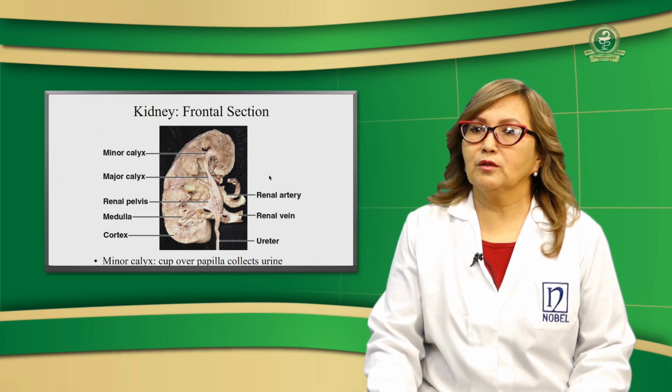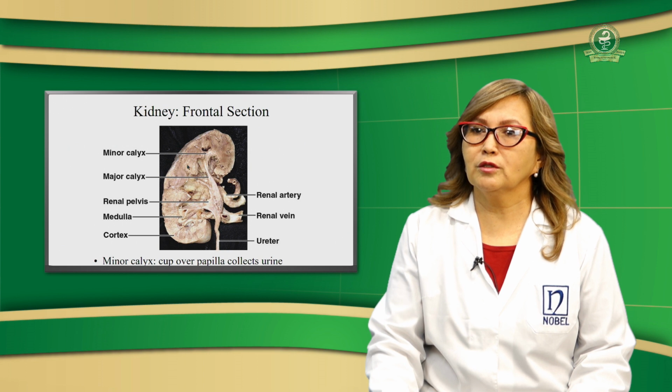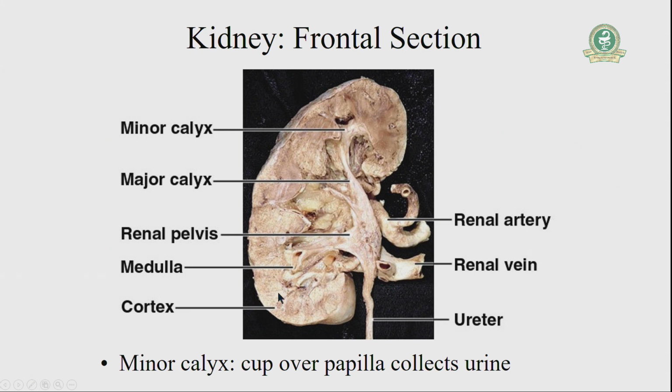You can see the minor calyx, major calyx, renal pelvis, and this is the renal cortex and this is the renal medulla. This is the renal pelvis, and this is the ureter. This is the renal vein, this is the renal artery.